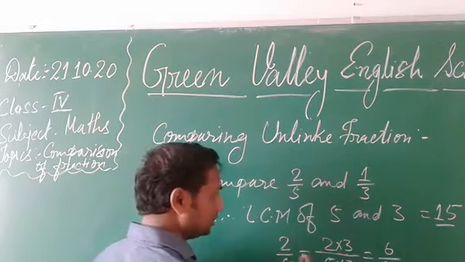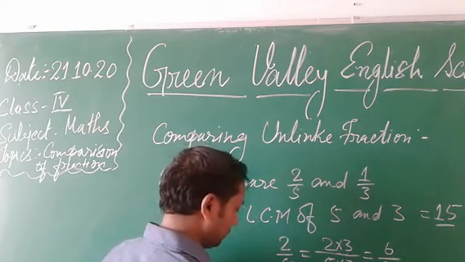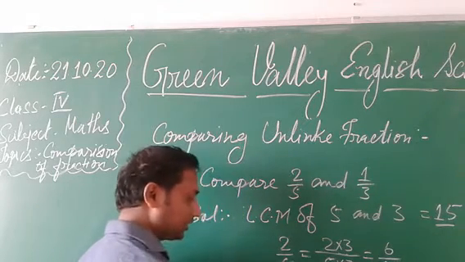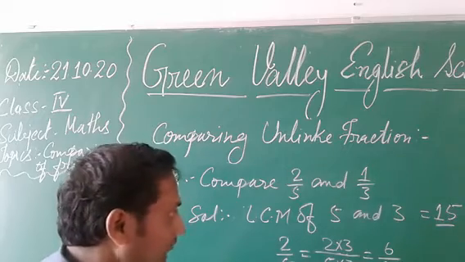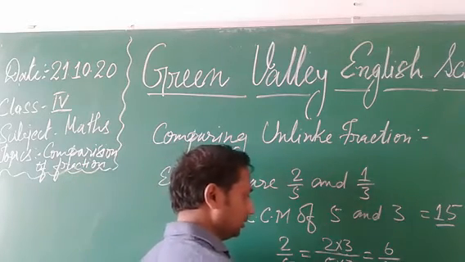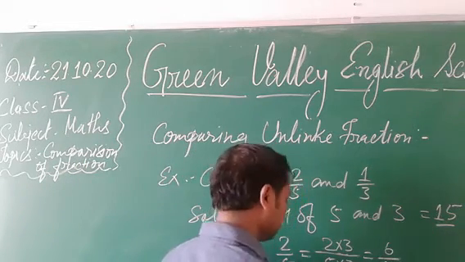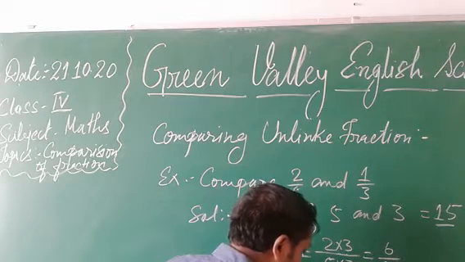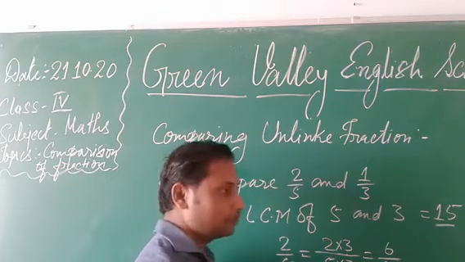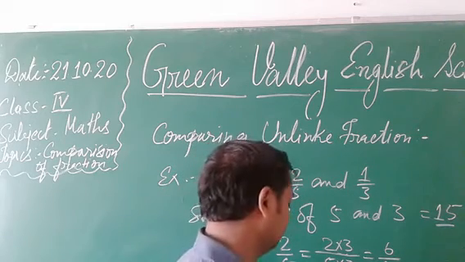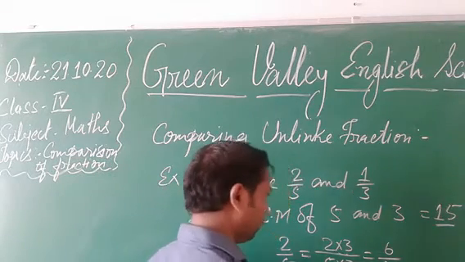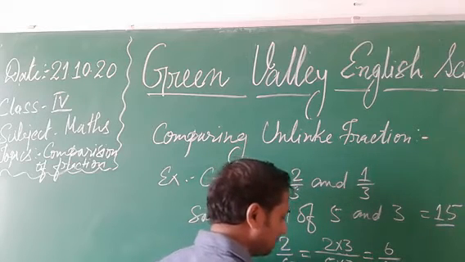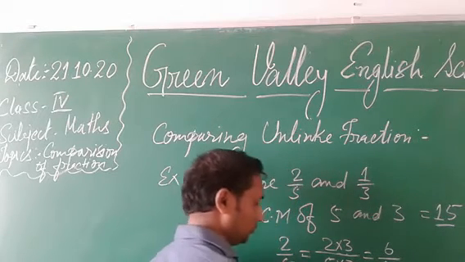After that, in the same manner, we can also convert the second fraction into a like fraction. We make its denominator equal to the LCM. So to make it equal to the LCM, we have to multiply by 5 here, and with the same number we have to multiply in the numerator also.